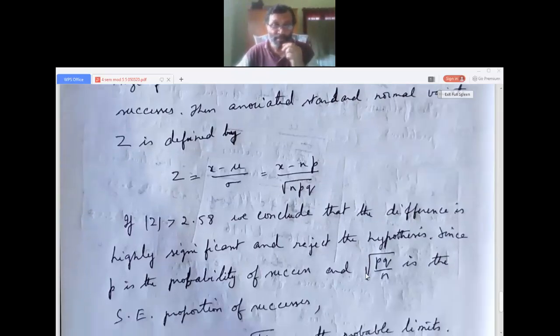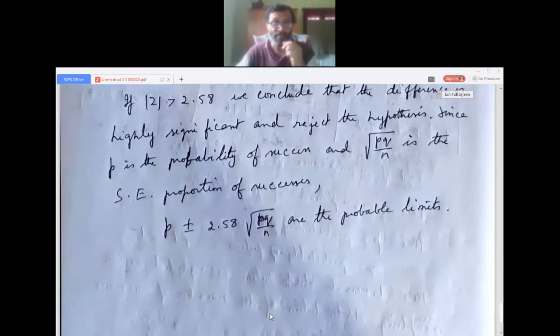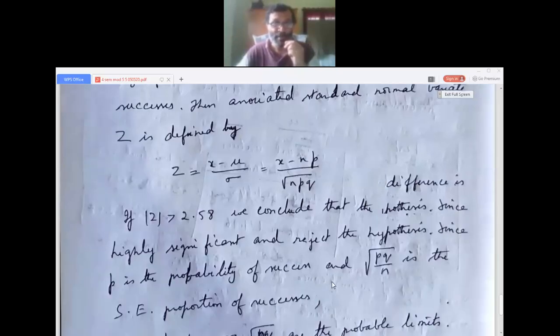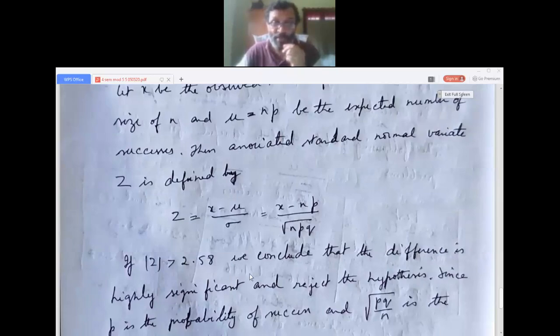Since P is the probability of success and root PQ by N is the standard error of proportion of success, P plus or minus 2.58 root PQ by N are the possible limits. Once again, if mod z is greater than 2.58, we conclude that the difference is highly significant and we reject the hypothesis. This will be used in problems later.